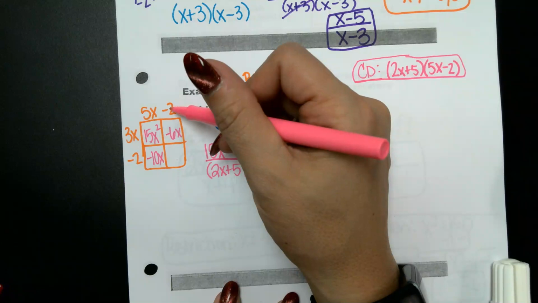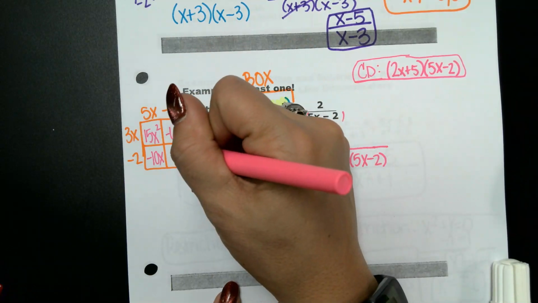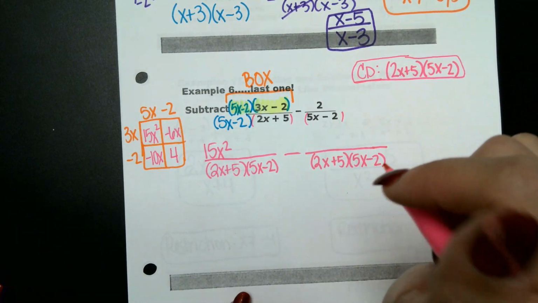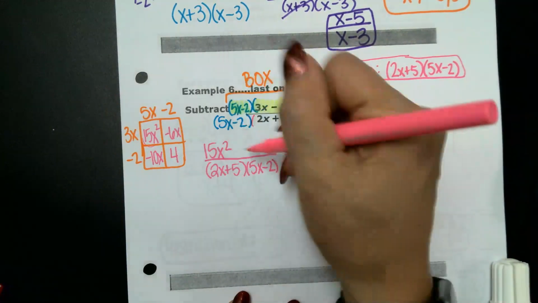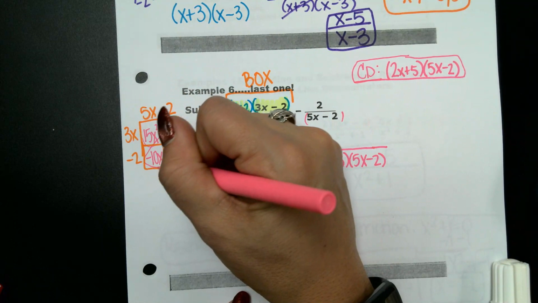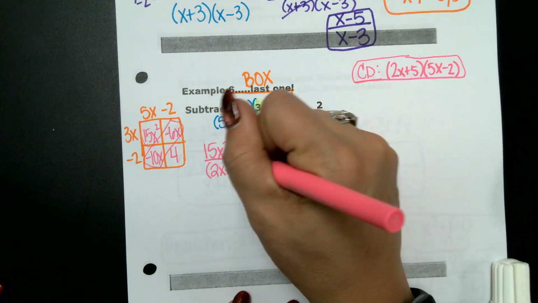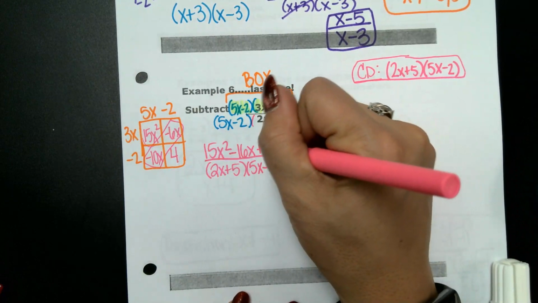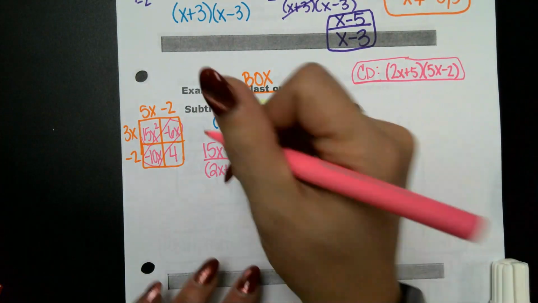And negative 2 times negative 2 is? Positive 4. Watch that sign. Okay, so the 15x squared was by itself. These two together is a total of negative 16x, and then you have the plus 4. Okay, good.